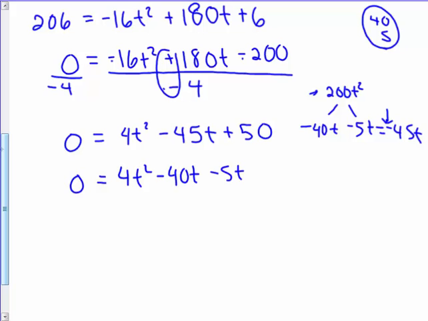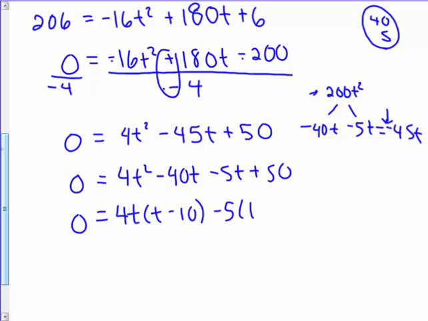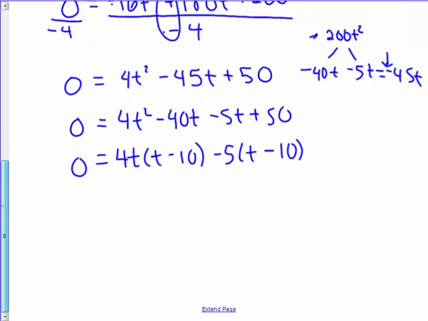So I plug those in, and now I do my factor by grouping. I take out the 4t, take out a negative 5, be careful with the signs when you're taking out the negative again. So it looks like I have 0 equals t minus 10 and 4t minus 5.